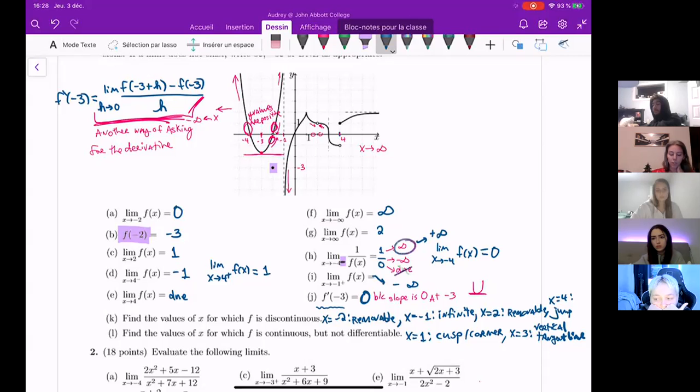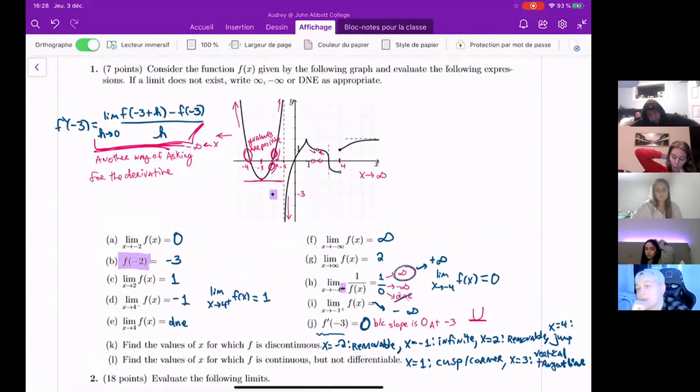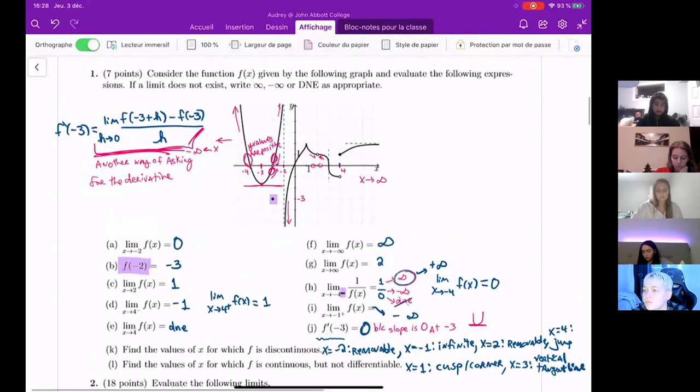Are there any questions about limits from a graph or understanding differentiability or continuity from a graph? Actually, yeah, I have one. Okay, what's up? For H, what if it asked on the right?